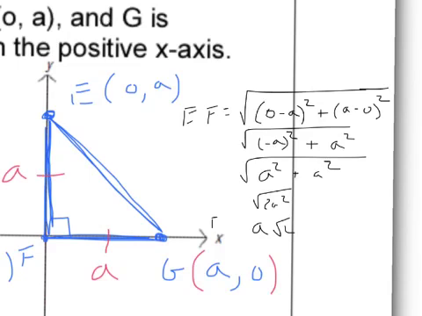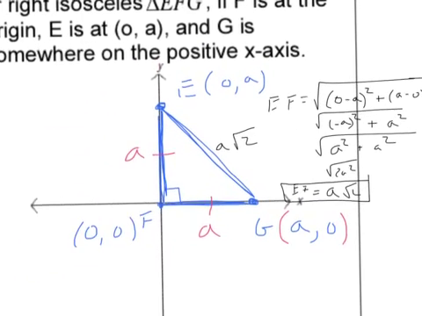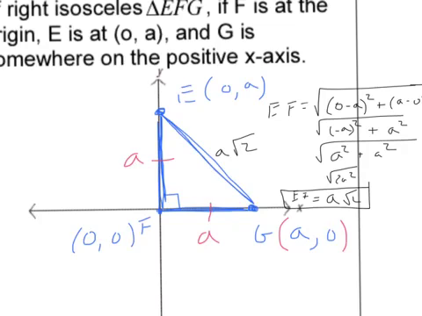And so now we know that EG is going to be A rad 2. So I know this distance right here is A rad 2. Well, that's pretty fascinating because now I know that in any right isosceles triangle, these two sides, whatever they are, I can just multiply by rad 2 and I have the hypotenuse.